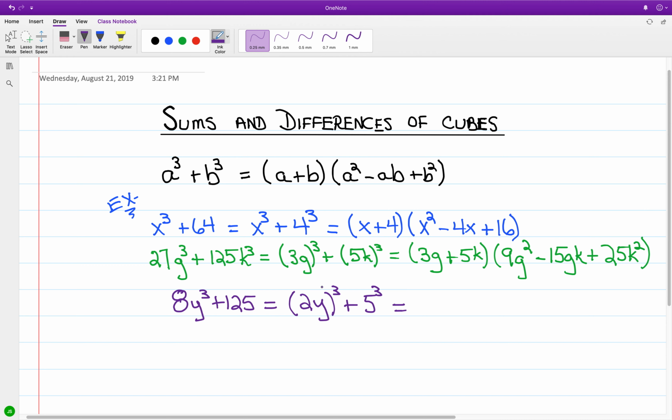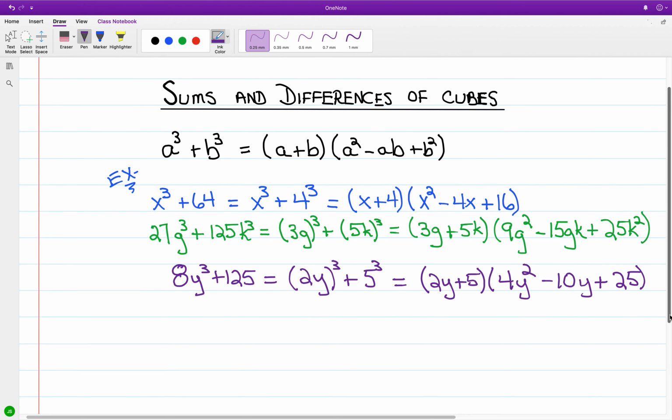So a is 2y, b is 5, and a plus b is 2y plus 5. For a squared we have 4y squared, minus a times b, so minus 2y times 5, negative 10y, and then plus b squared, 5 squared becomes 25.